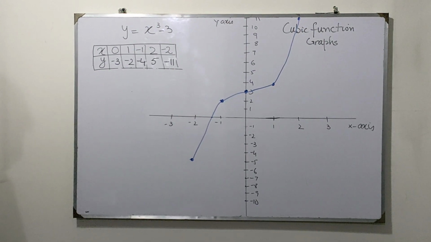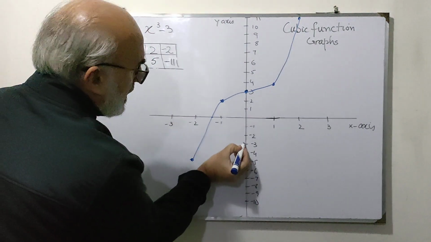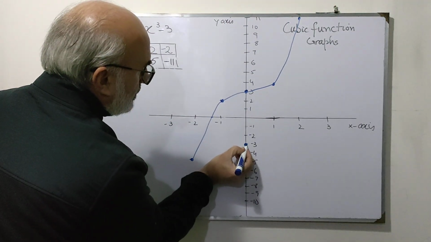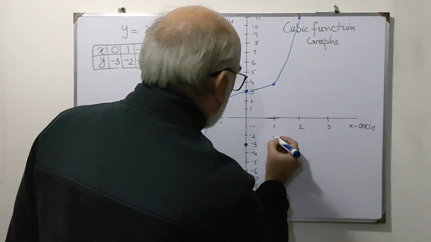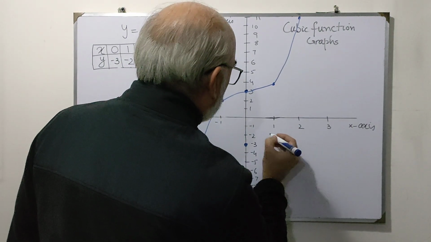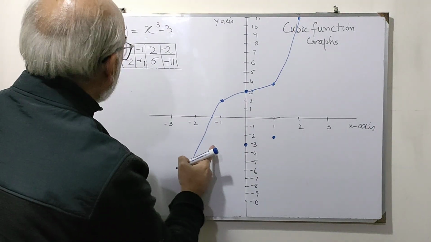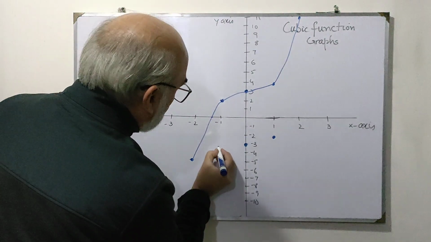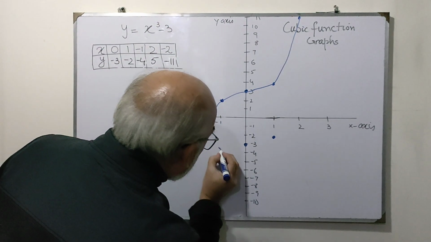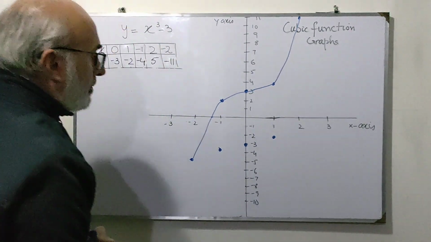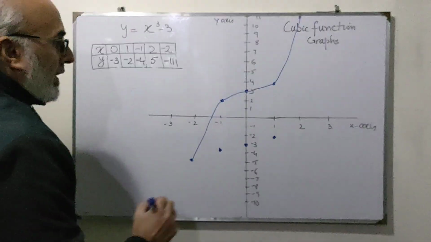So let's plot these points. So 0 and minus 3, this is the first one. 1 and minus 2, second. Minus 1 and minus 4. Okay. 2 and 5.